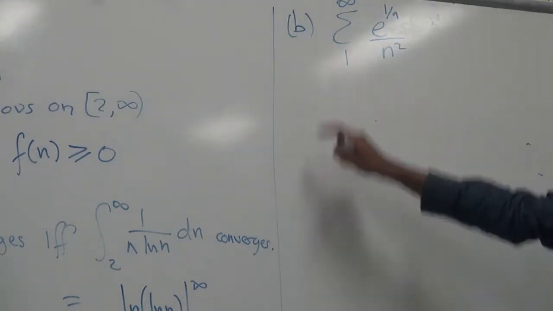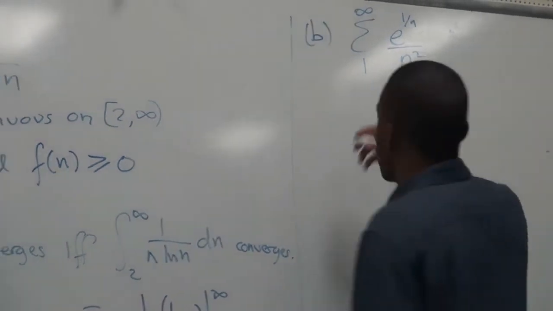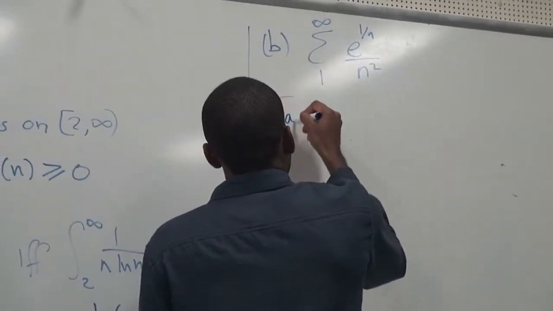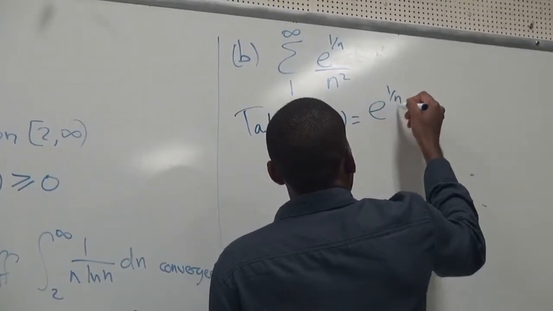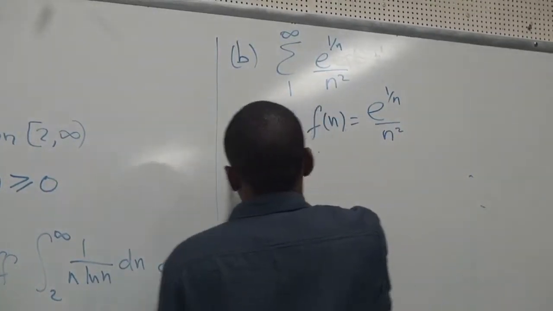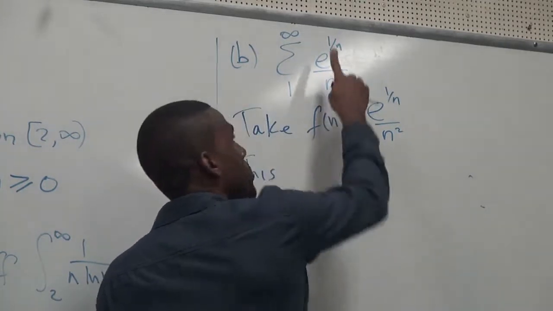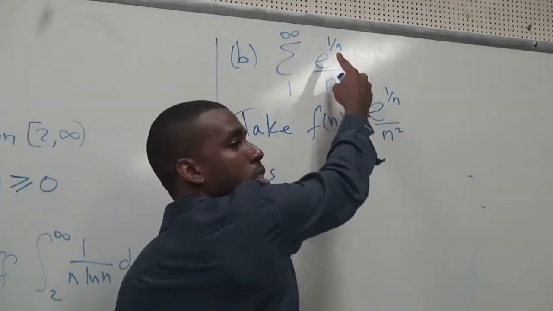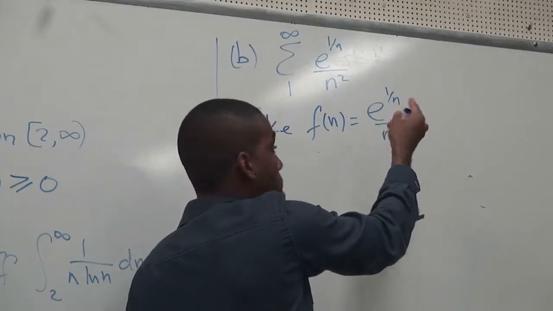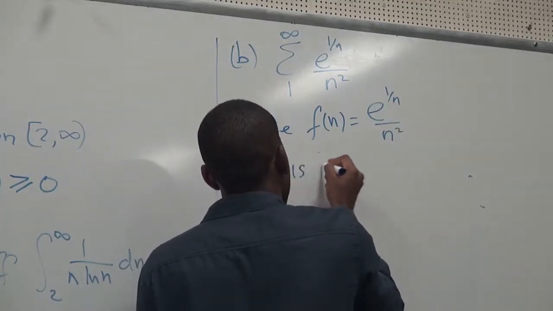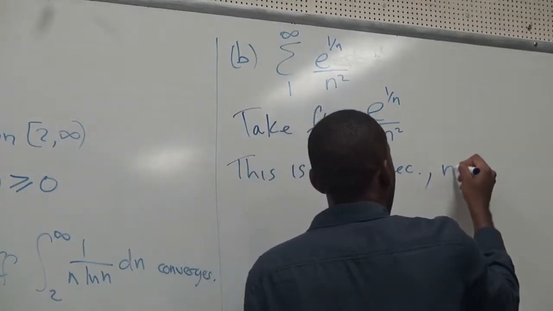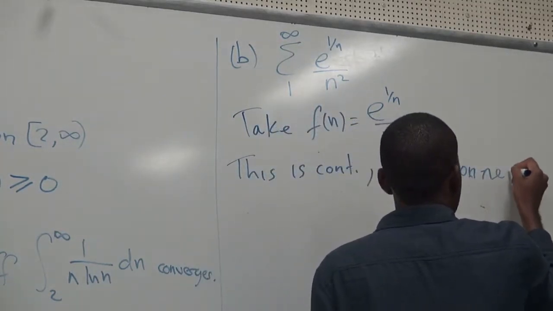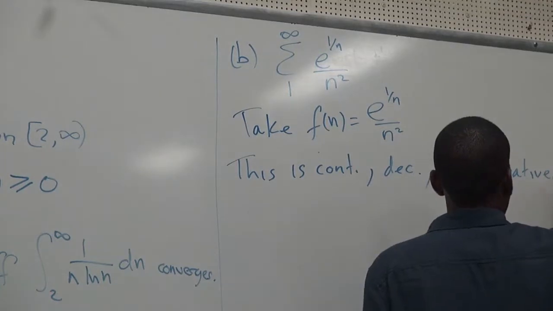And each is positive because it's an exponential and n squared, so it's always non-negative. This is continuous, decreasing, non-negative.